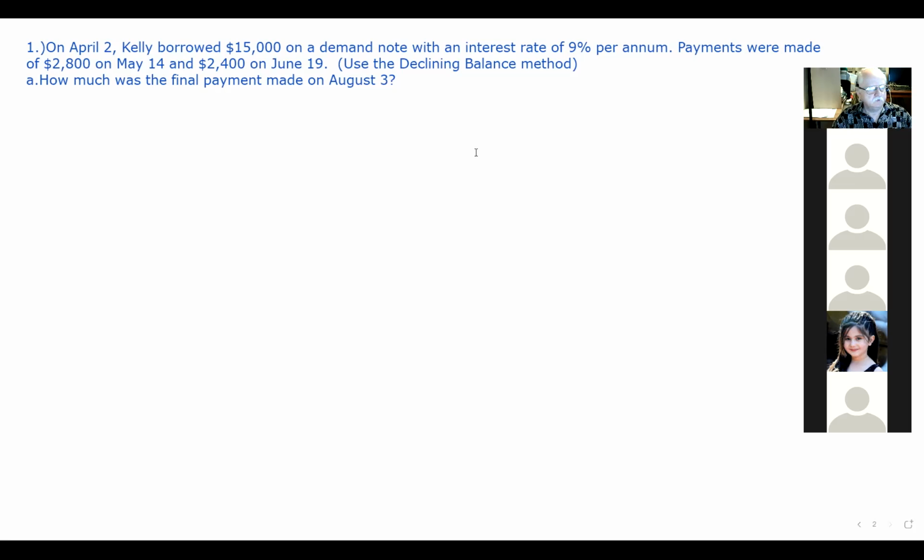So we can sort of imagine what happened. On April 2nd, Kelly goes into the bank. I'm not sure if Kelly is a man or a woman, and apparently it doesn't really matter. So April 2nd, we know Kelly borrowed this money.